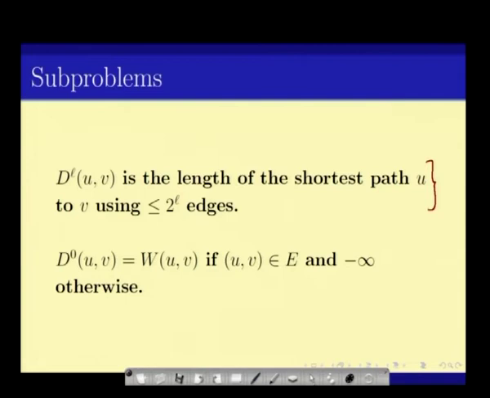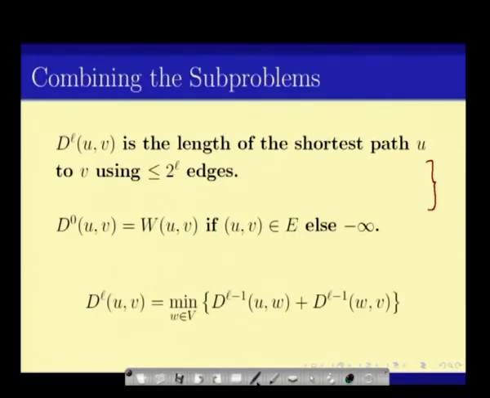But this is where the interesting step lies again. How do we combine the sub problems? Before we look at it, let us try to understand it in a slightly different way. Say I have a vertex u here and a vertex v here. I want to find the shortest path of length, say, 16 from u to v. How can we do it?